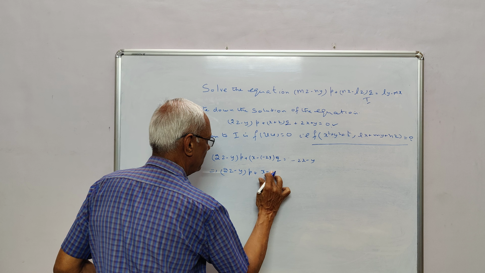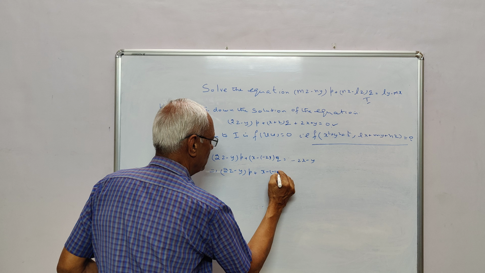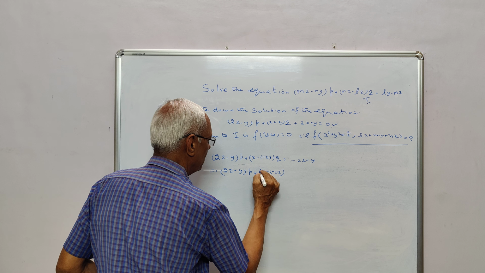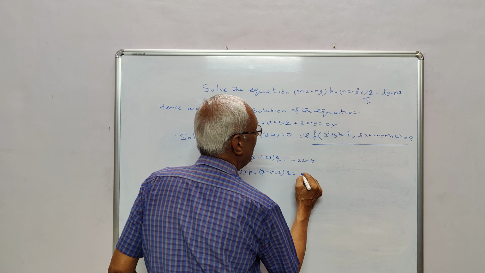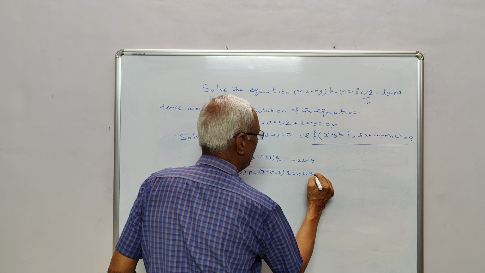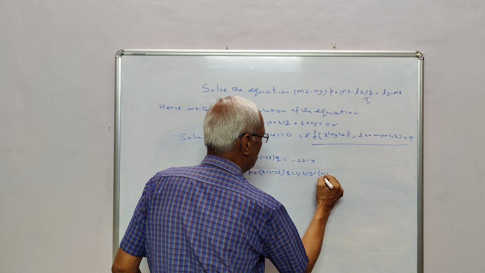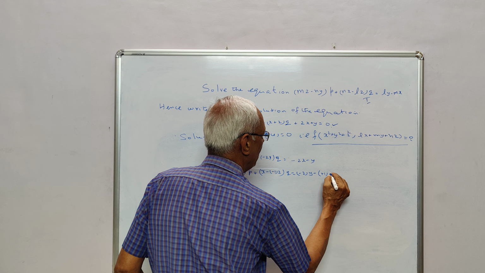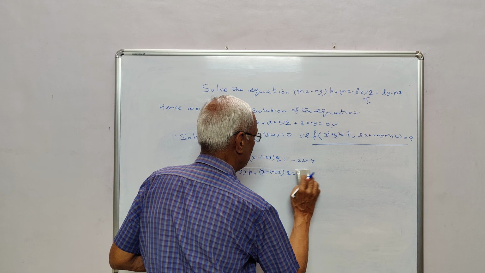I write it here. X minus 1 of z into q is equal to minus 2 into y, minus plus 1 into, here I will write it in this way.